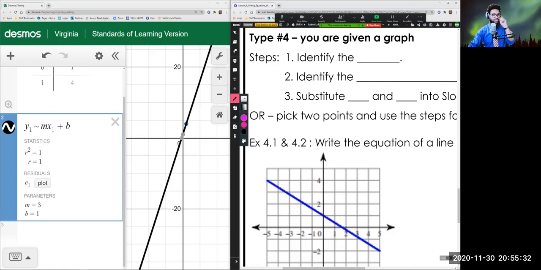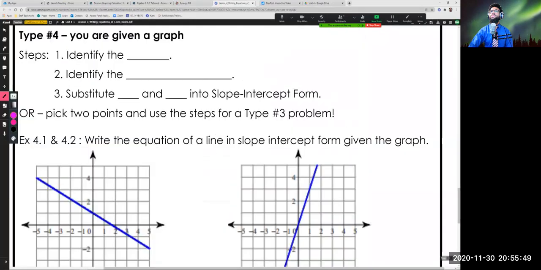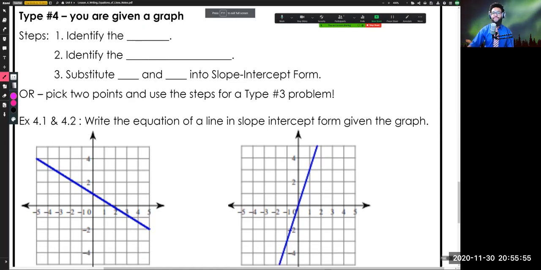And this one I won't take too long because you could use a couple of different methods for this one. So when we are just given a graph, the graph of an equation, we've got a couple of different ways we can do it, but our steps are going to be first and always: identify the slope.